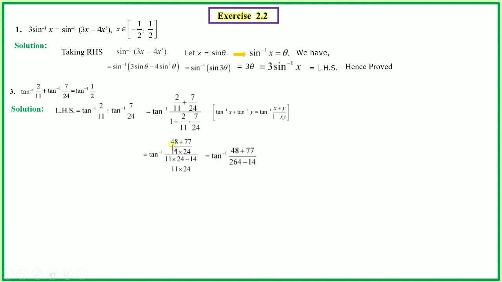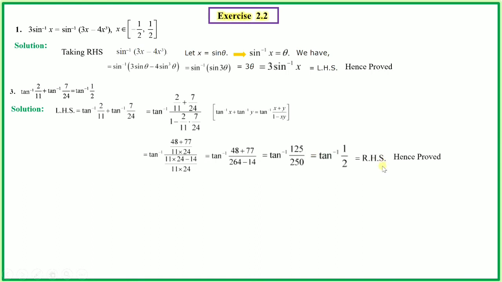This is equal to tan inverse of 48 plus 77 upon 24 into 11; these two cancel, and we'll have tan inverse 125 upon 250, which on cancelling 125 is 1 upon 2. This is equal to tan inverse 1 by 2, which is our right hand side. So we got tan inverse 1 by 2, equal to the right hand side, hence proved.